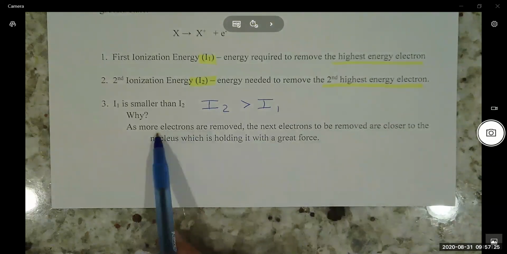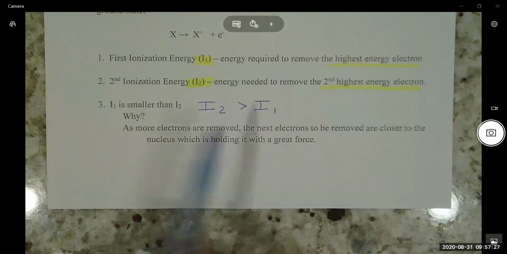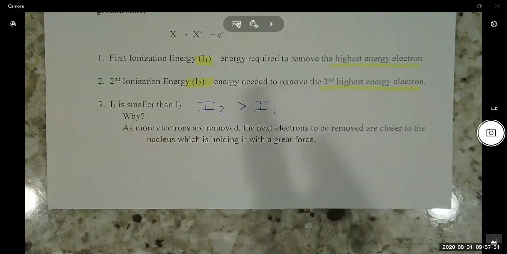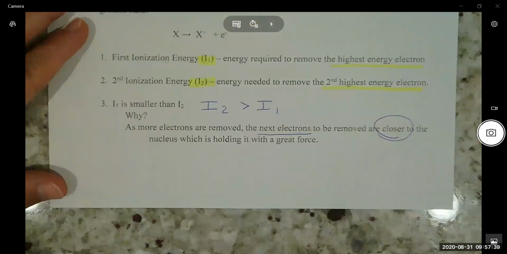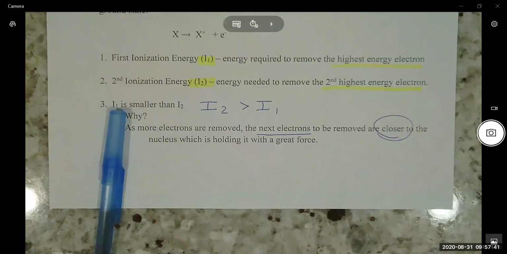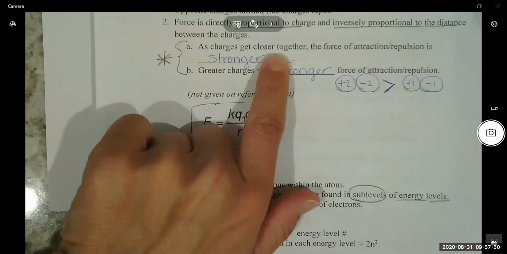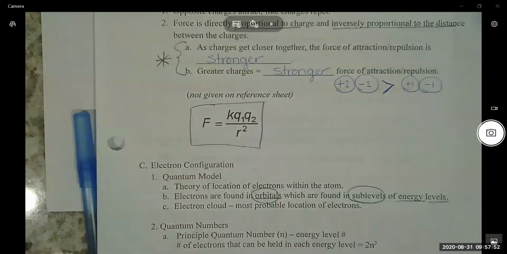When one electron gets removed, the atom shrinks a little bit, so those next electrons are closer to the nucleus. If we remember what we talked about at the beginning of our notes today with Coulomb's law, the closer they are together, the stronger the force of attraction is.